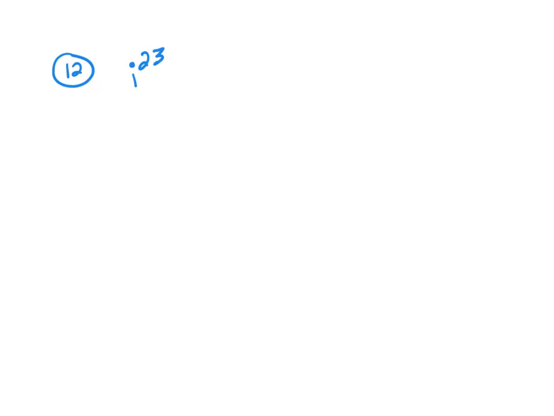One bonus example, if you got i to the 23rd, again, you'll still want to notice that it's not a multiple of 4 and that the largest multiple of 4 in it is still 20. So what you would need to do is rewrite this as i to the 20th times i to the 3rd. Still comes out to the 23rd, but this i to the 20th we can replace with 1. 1 times i to the 3rd is just i to the 3rd.